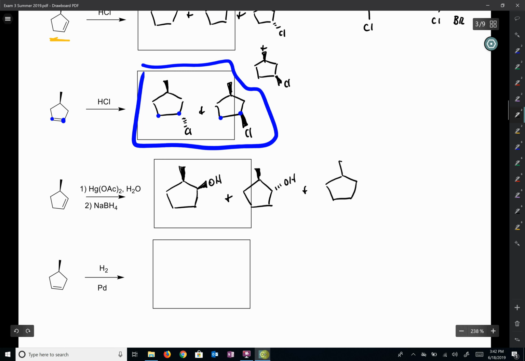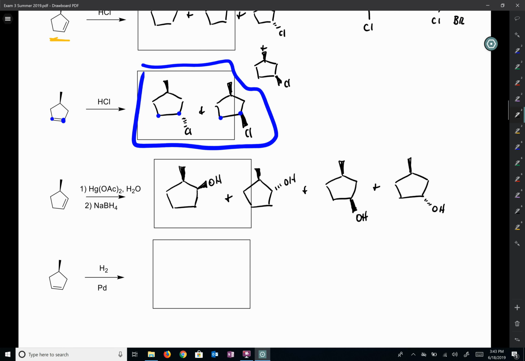The alcohol gets added Markovnikov to the most substituted side. So we get a couple different products that get formed along the way. No carbocation formation, so we don't have any rearrangements, no shifts, and that's the useful part of an oxymercuration.